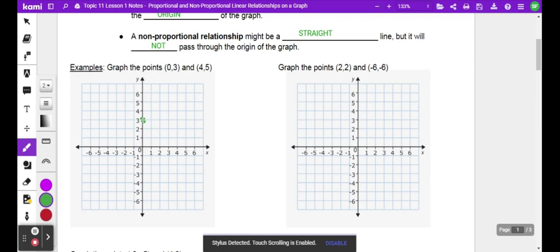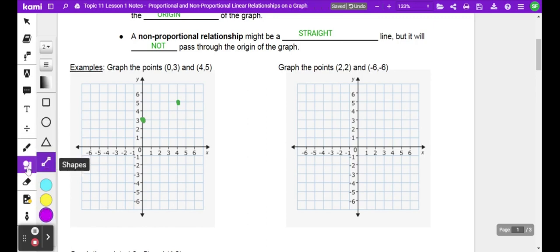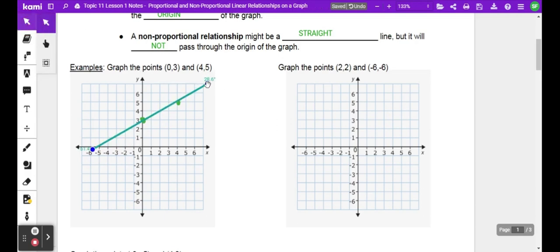And for the point 4, 5, I would start at the origin, go to the right 4, and then up 5. So I have my 2 points. Use your straight edge or your ruler to connect those dots to make your line. And then we can see whether we have a proportional or a non-proportional relationship.